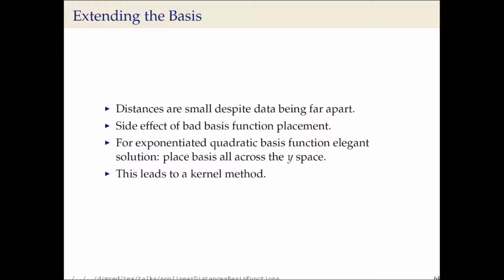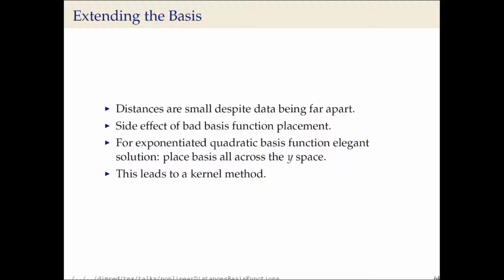So if you were to do this algorithm, which I never have done, you would really have to watch for that. But the beautiful thing is, there's an elegant solution, so that you don't have to choose your basis function placement. You can show that kernel methods, the Gaussian process covariance function methods, allow you to place those basis functions across the entirety of the real line.